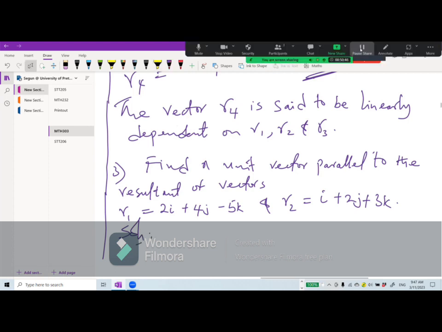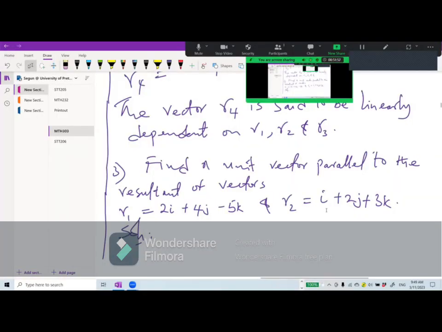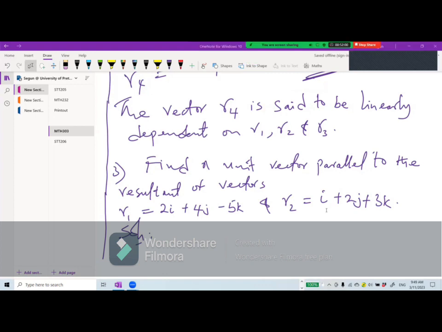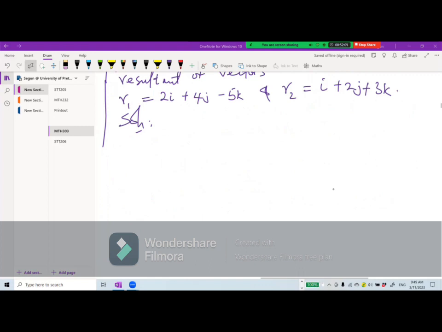Solution. Let me share the screen. Okay. Yeah, we have R1 and R2. And don't forget, the solution in this case is very simple.